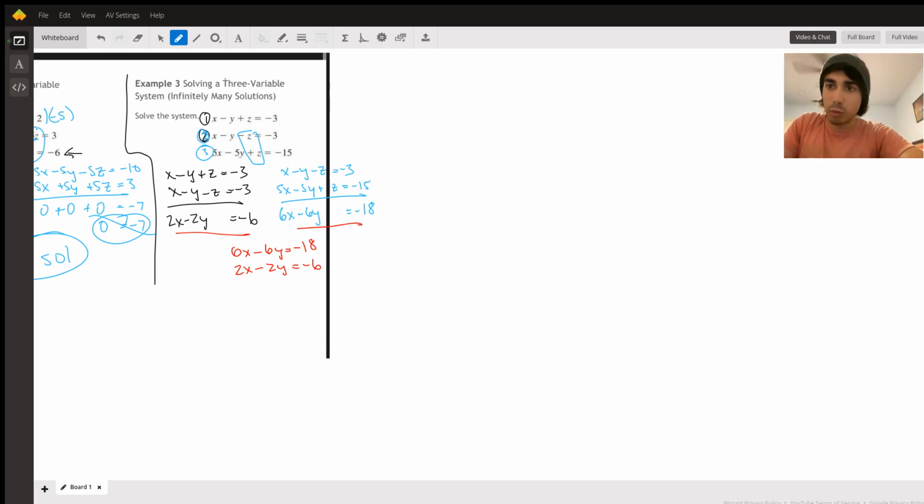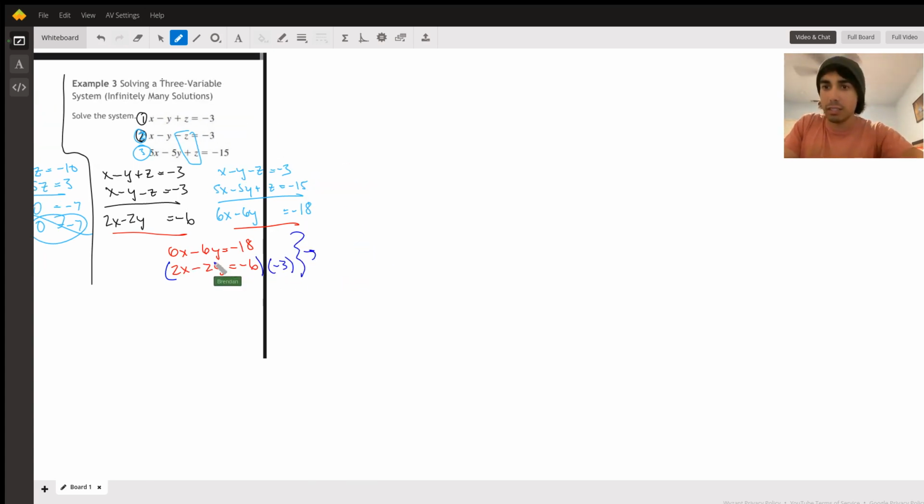It doesn't matter which one we want to eliminate. So, I'm going to want this 2 to become a negative 6, because remember, we want opposites. So think, what do I need to multiply that 2 by to get to a negative 6? Well, a negative 3, right? 2 times negative 3 is negative 6. So I'm going to take this whole equation and multiply it by negative 3.